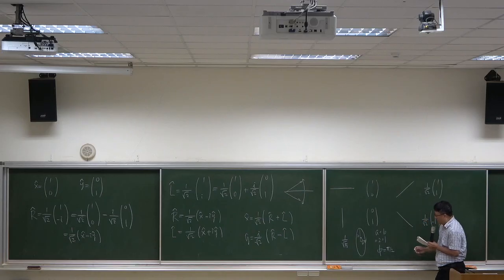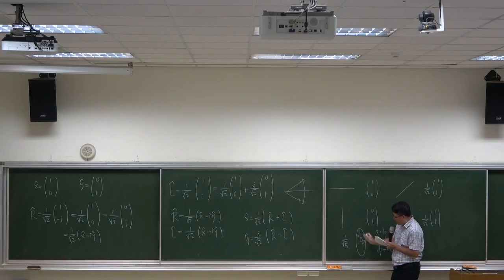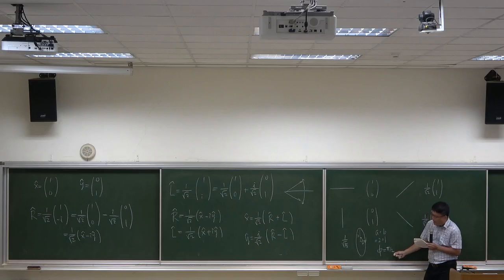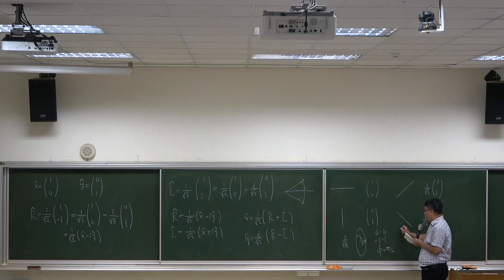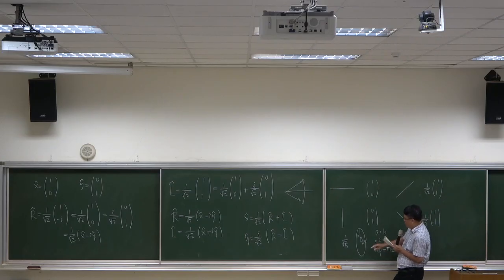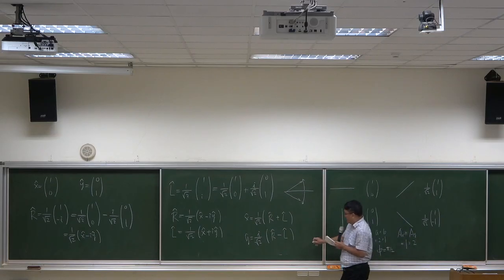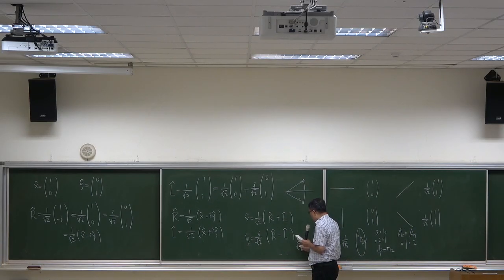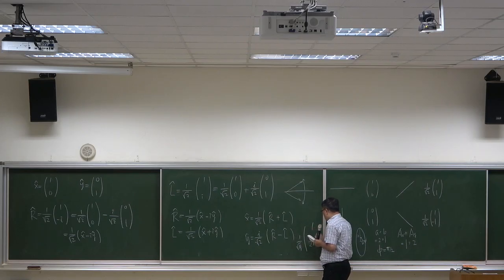Okay? And its orientation angle phi is equal to half pi. Then you see that this is nothing but AX to AY is equal to 1 to 2. Okay? So this can be written as this.